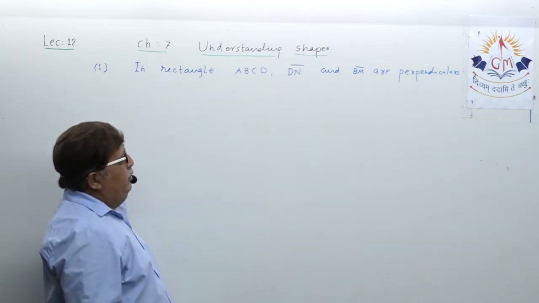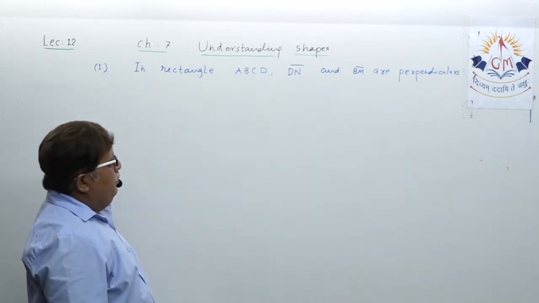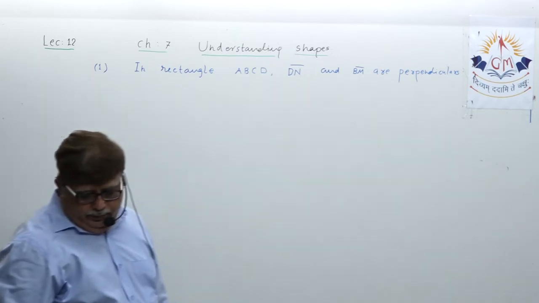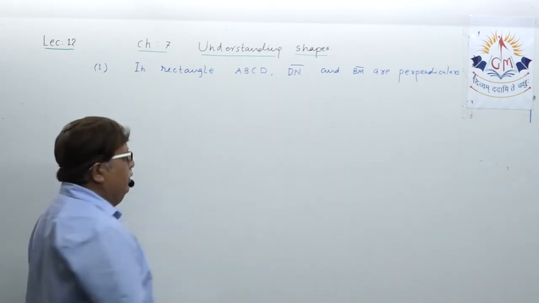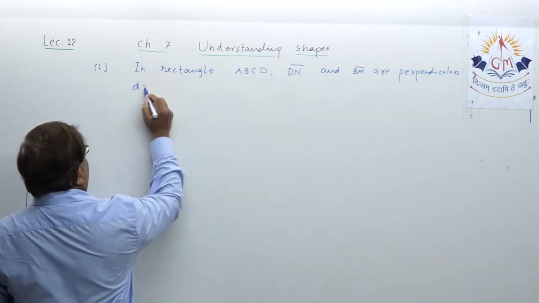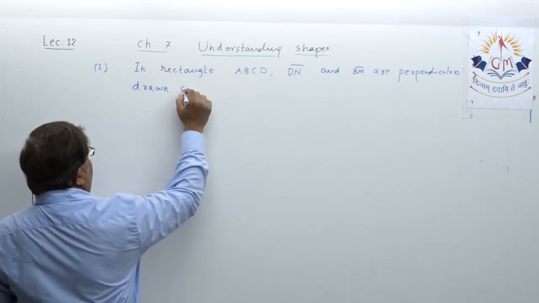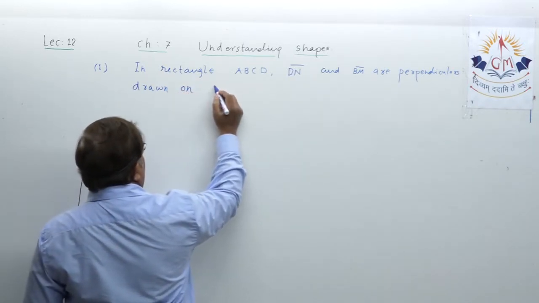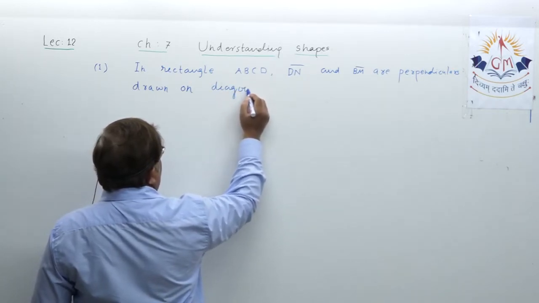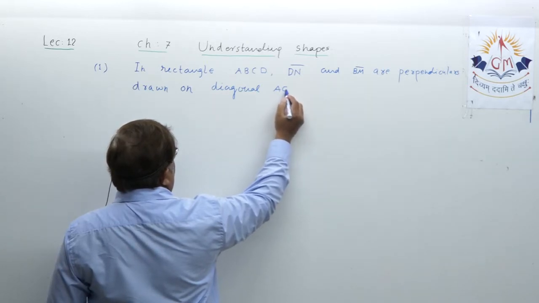In rectangle ABCD, DN and BM are perpendiculars drawn on diagonal AC.